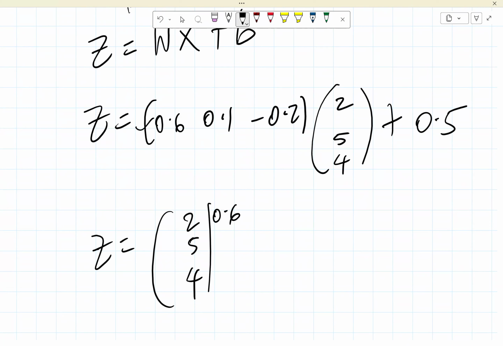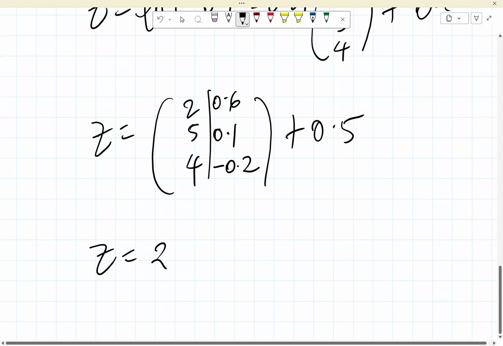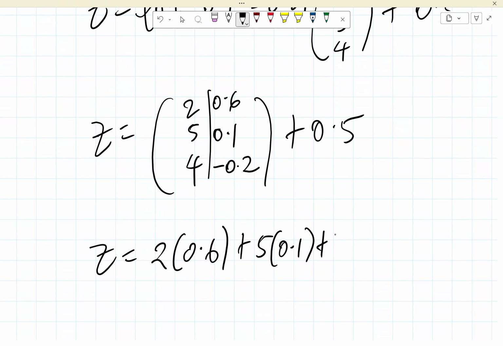So Z is 2 times 0.6 plus 5 times 0.1 plus 4 times minus 0.2, all of that added to 0.5.